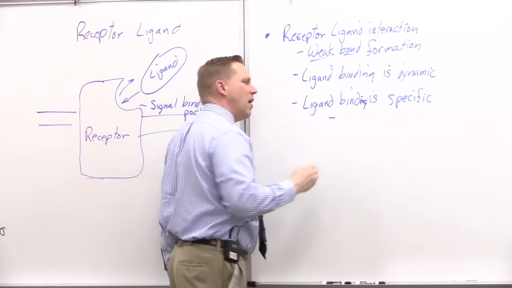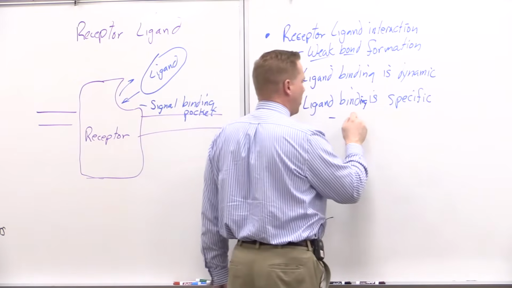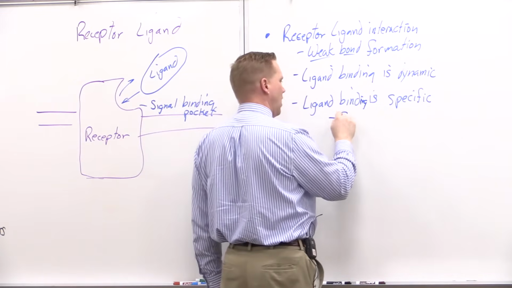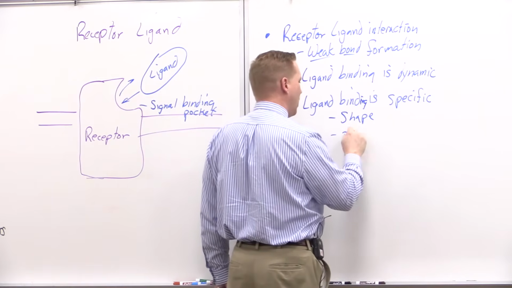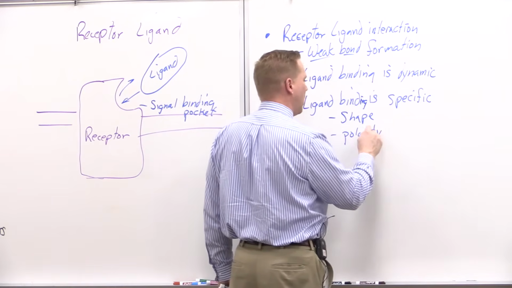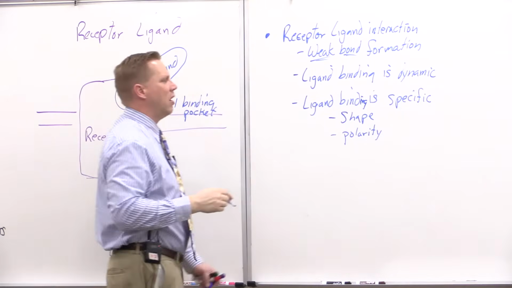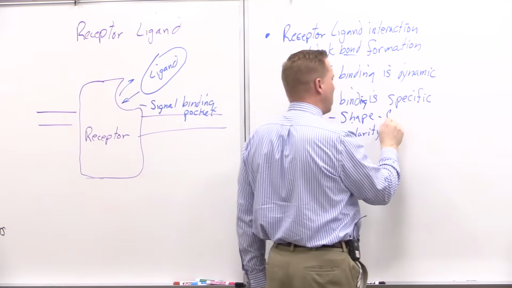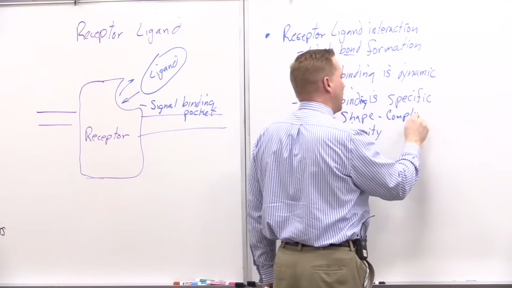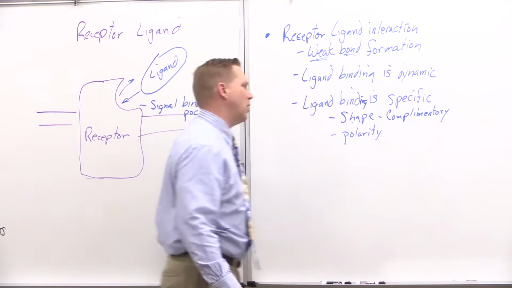That receptor is designed to recognize that ligand based upon its shape and polarity. Remember that the number of weak bonds is what holds it there, and those weak bonds have to be in the right position, so that shape has to be complementary, like a hand inside a glove or a key inside of a lock.